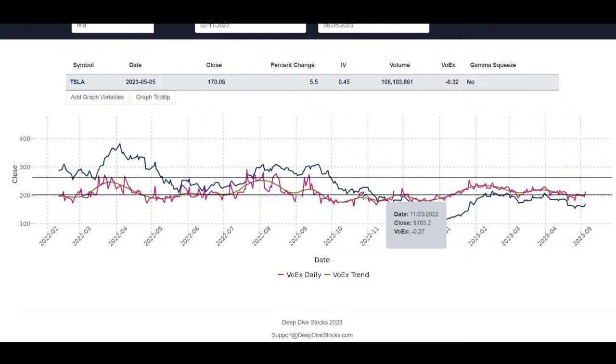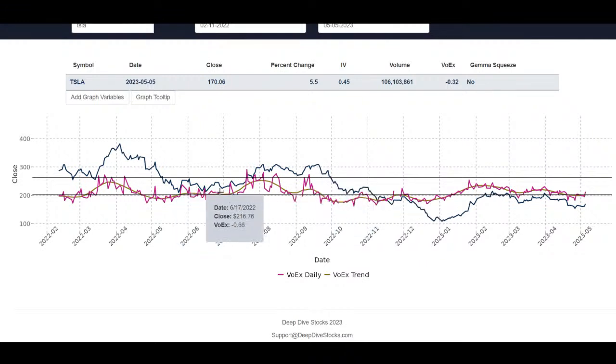And sure enough, he didn't get exactly 100, but he did nail this $200 move down just by pointing out that VOX had entered the propagation zone and price was still really high, telling us that the market is pricing a huge move down in Tesla, and it just hasn't happened yet.